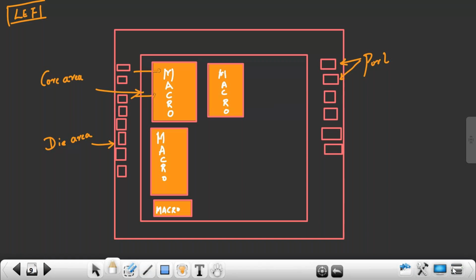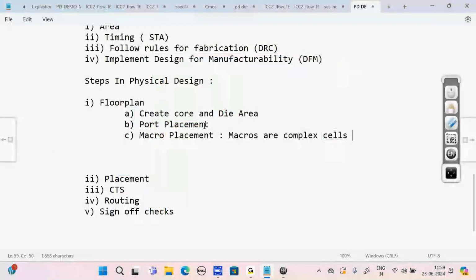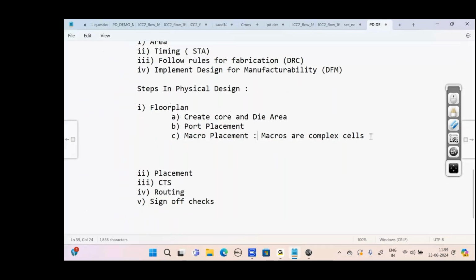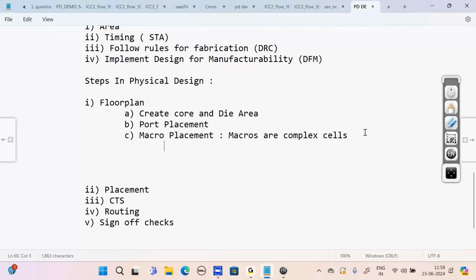So generally we do macro placement first because the macro count is less in number.